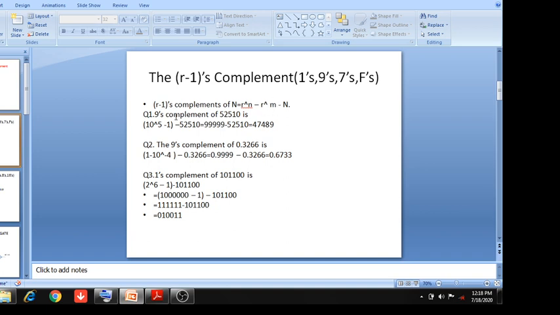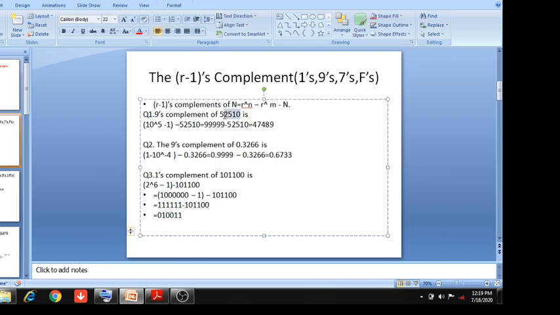Suppose first question is you have to determine 9's complement of 52510. In this case there are 1 2 3 4 5 integers, so value of n equal to 5, and because there is no fractional part, so value of m will be 0. So how it will come?